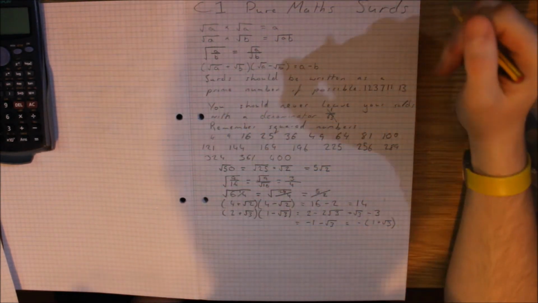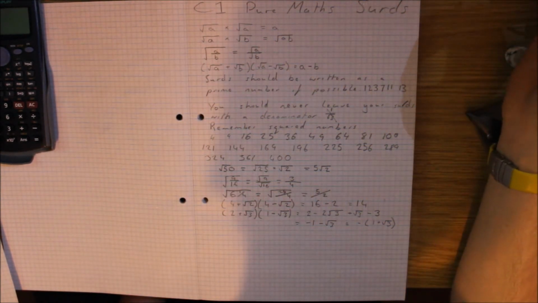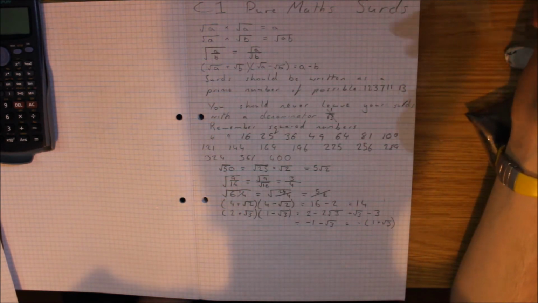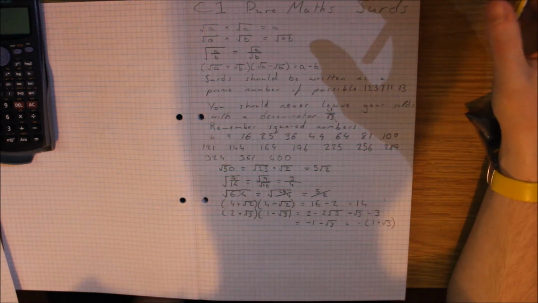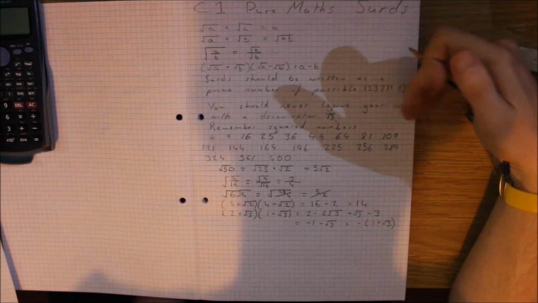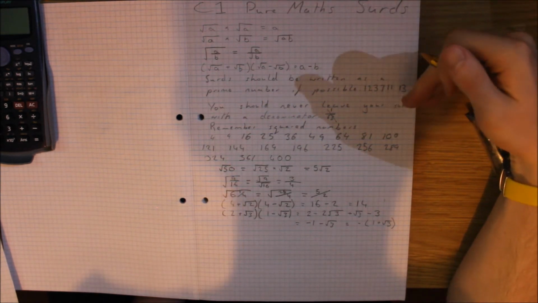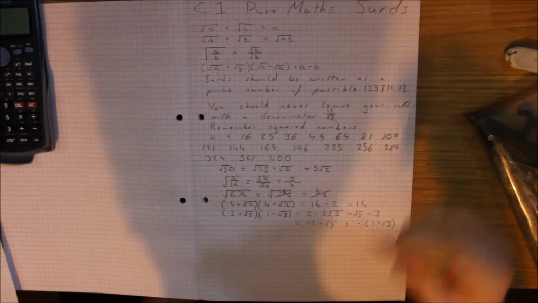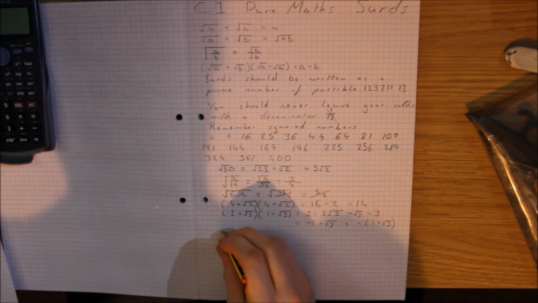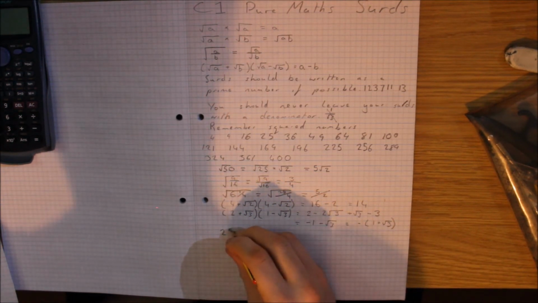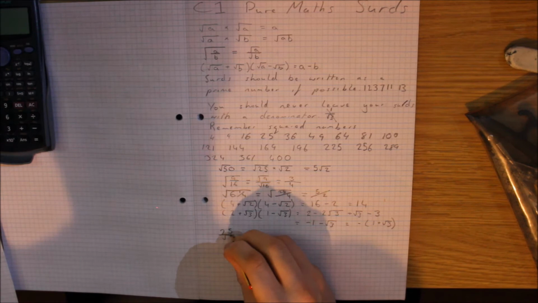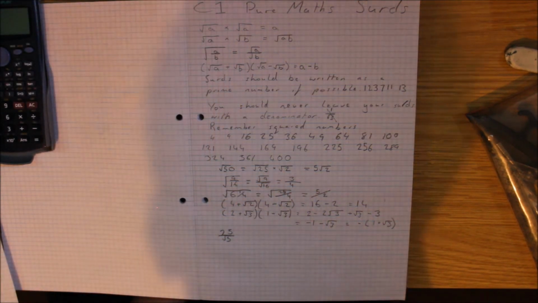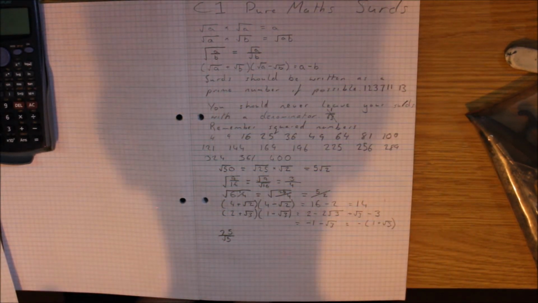Now, another thing that isn't mentioned so much in the mark scheme, but is used a lot in the exam, is things with denominators. That's why I've put it above. You should never leave your surds with a denominator. So let's make it 25 over root 5. What would we do in this case?